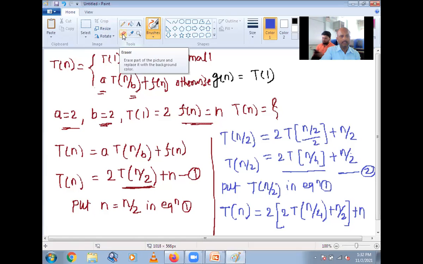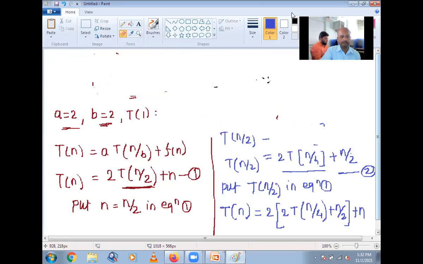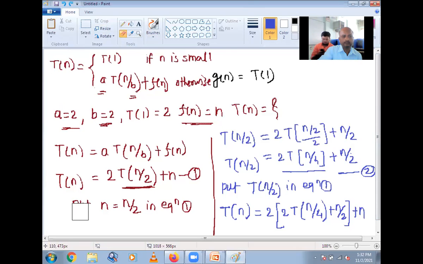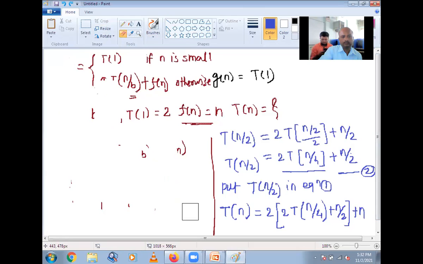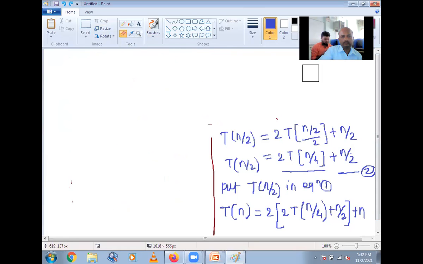Okay, then next step. So we get T of n is equal to, do the multiplication. Here multiply by 2 into this bracket.